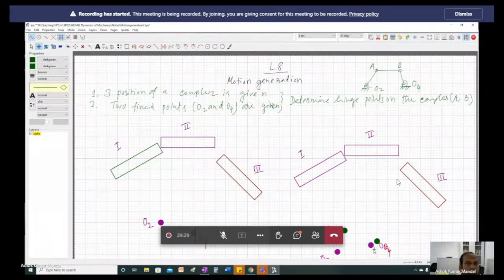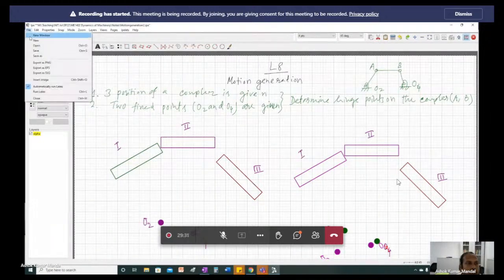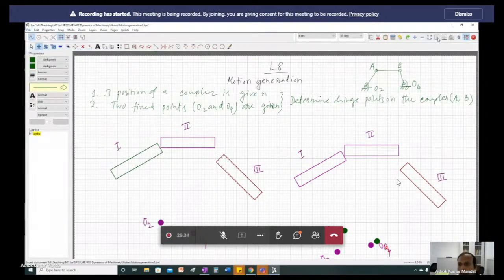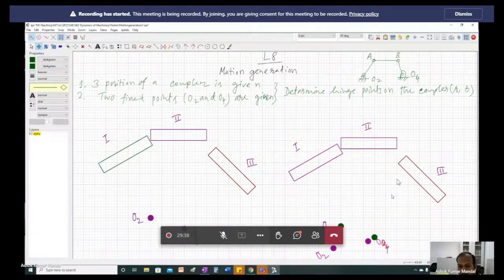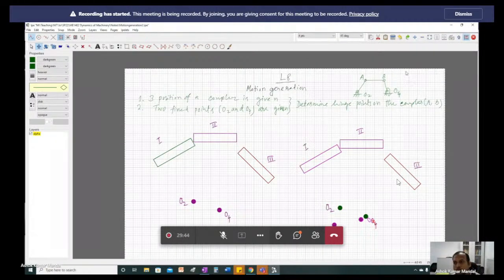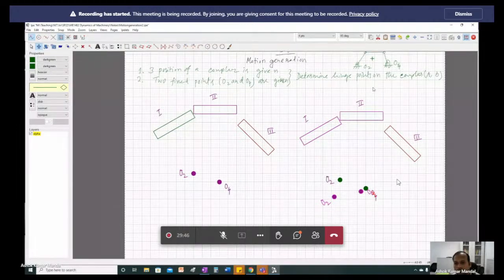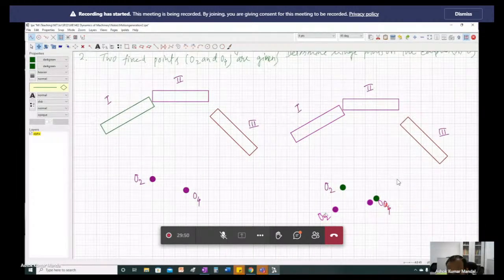So where is O2 and O4 for this new position? You can see it here, that this new positions O2 and O4 are here. They are overlapping somewhere here, so I want to remove some of these writings.